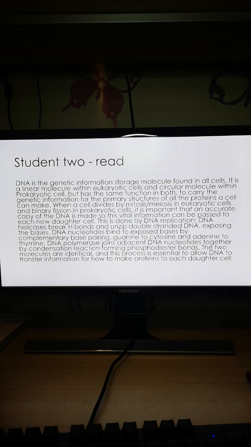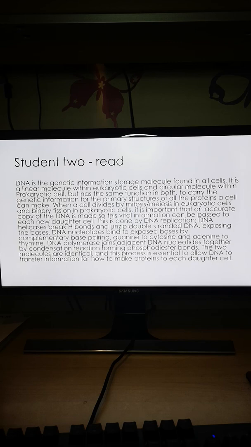When a cell divides by mitosis or meiosis in eukaryotic cells, or by binary fission in prokaryotic cells, it is important that an accurate copy of the DNA is made so that vital information can be passed to the new daughter cell. This is done by DNA replication.